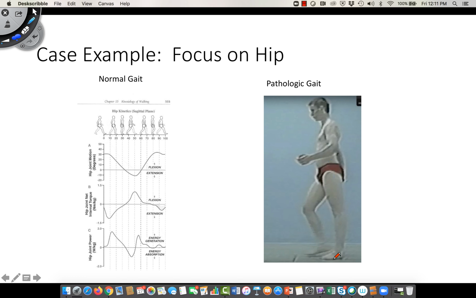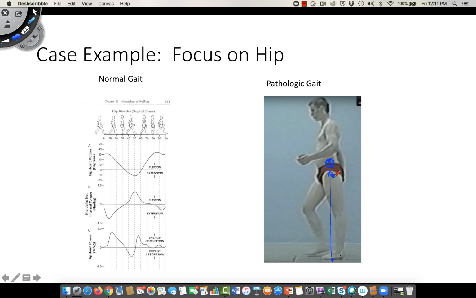So we can look at our ground reaction forces again here. We can put the center of mass up here around L4, and then draw the line up there, the vertical ground reaction force, and the hip is harder to find in terms of its joint center, so it's right here.